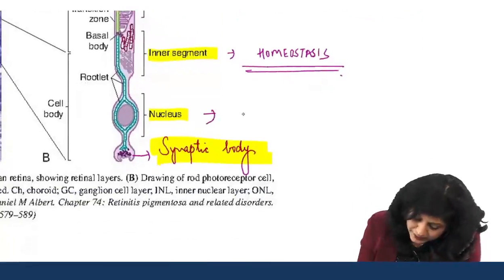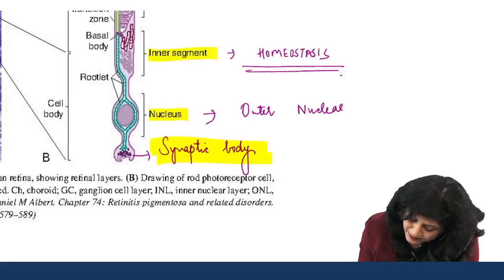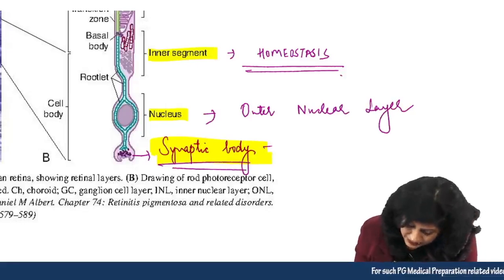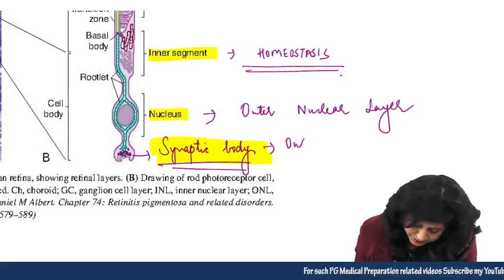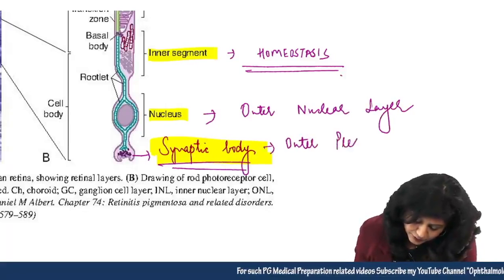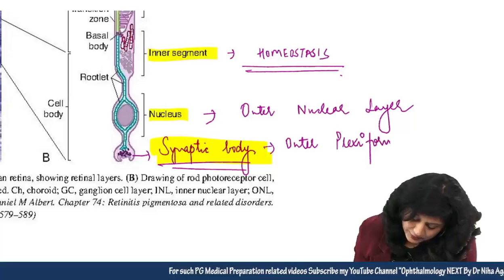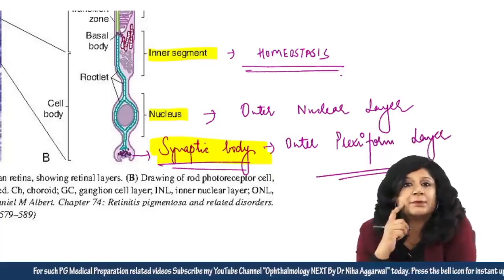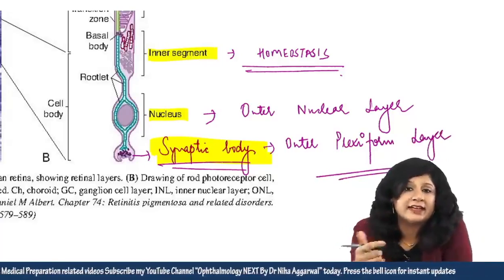Nucleus will be present in the outer nuclear layer. And then you have the synaptic body. This is present in the outer plexiform layer. So this is how we are getting oriented, what is happening after what, and how the layers are oriented.